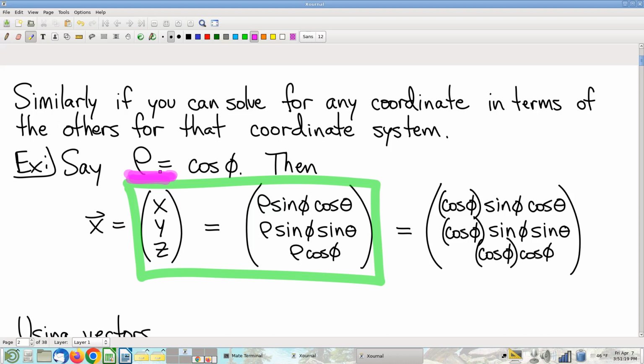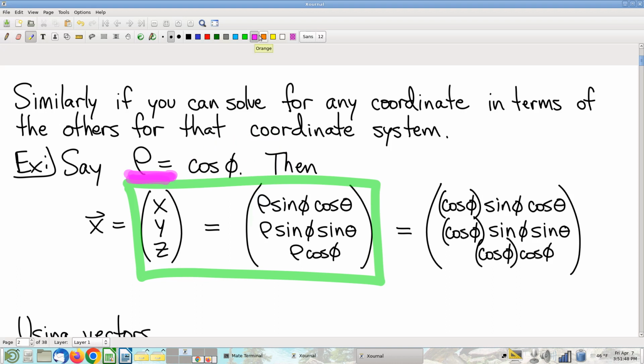Here I've solved for rho, or maybe this was given to me with rho already solved for. And so I've solved for one of my spherical coordinates in terms of the other two. By the way, of course, there's no theta visible, but that's a good thing, not a bad thing. It's still a function of phi and theta. It's just a really easy function of phi and theta. That's all right. No problem. And with that being the case, I'm going to let phi and theta be my parameters.